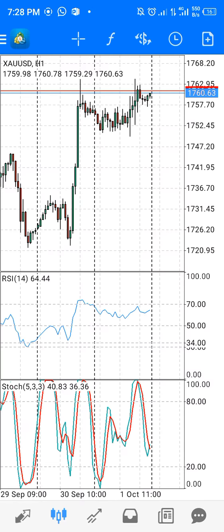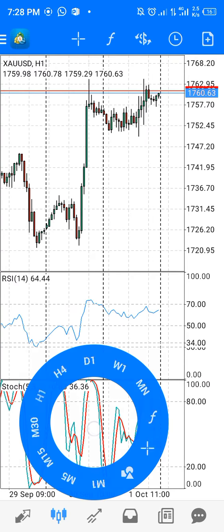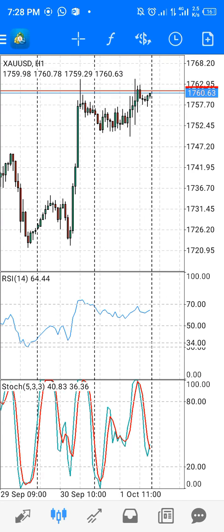You click done. You can see now I have the two indicators here, the RSI and the stochastic indicator.